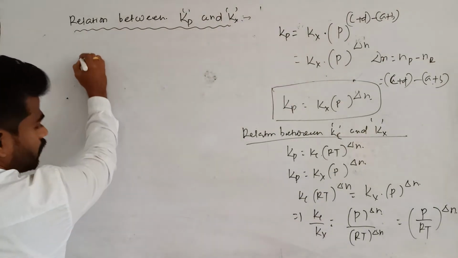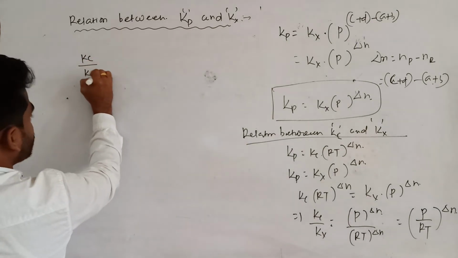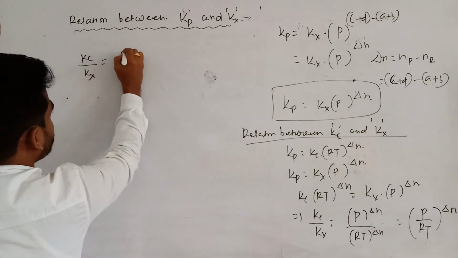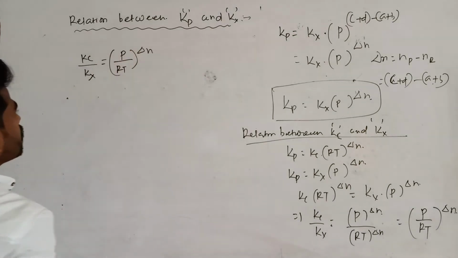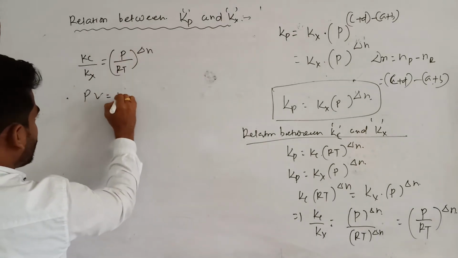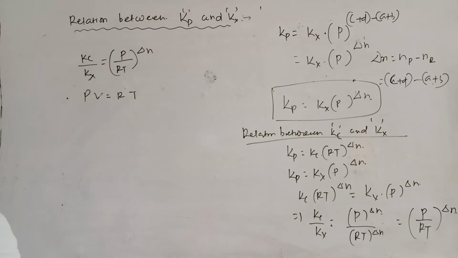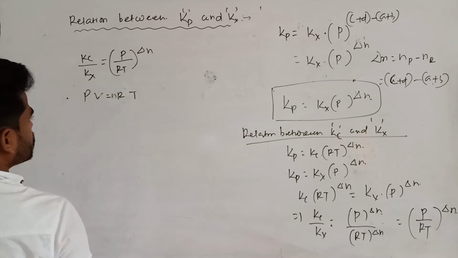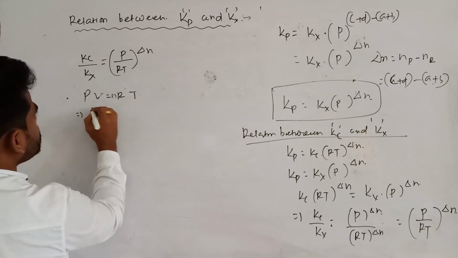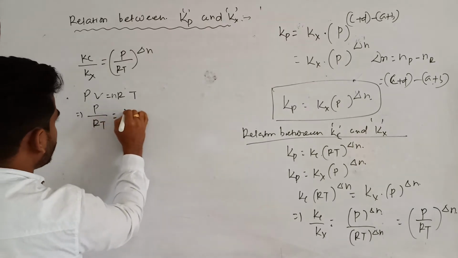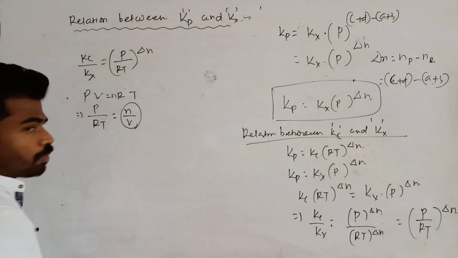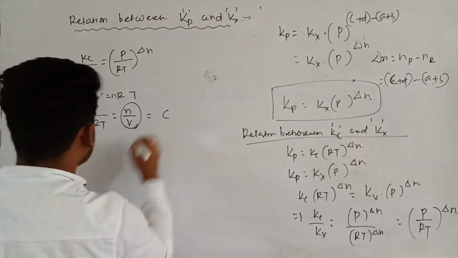Now what we have got over here, Kc upon Kx, that is equal to P by RT upon del n. So PV is equal to nRT, again I know PV is equal to nRT. So that implies P by RT is equal to n by V, this number of moles per unit volume, that is nothing but your concentration.